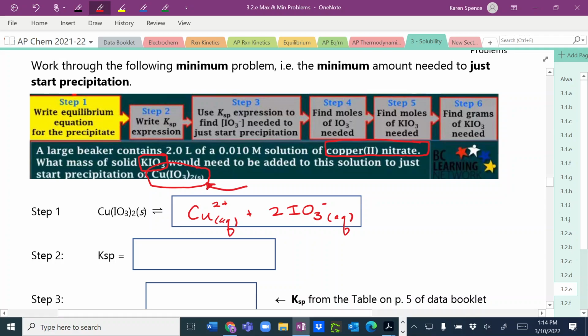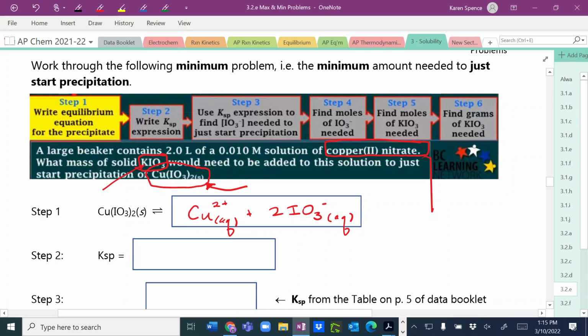It is that one. So don't start trying to write a KSP for copper 2 nitrate, right? It doesn't have a KSP, or its KSP is very large because it's completely soluble. Don't start trying to do it for potassium iodate. You want to be sure you identify the precipitate.